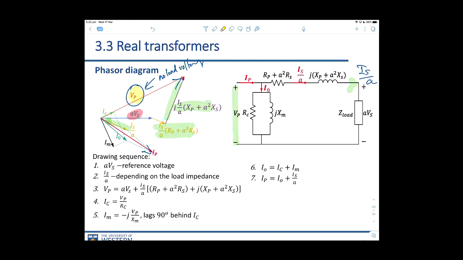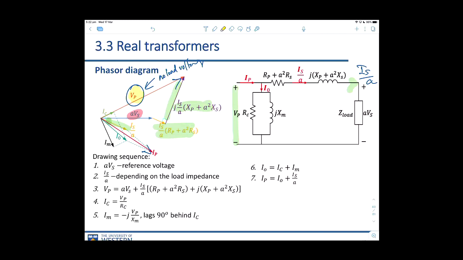Now the current that flows through that is Is, but if I take it to the primary, I need to divide by the turns ratio. So that's why I have Is on A. We have drawn it as lagging, but it can be leading as well.